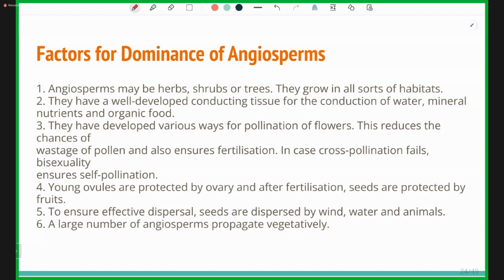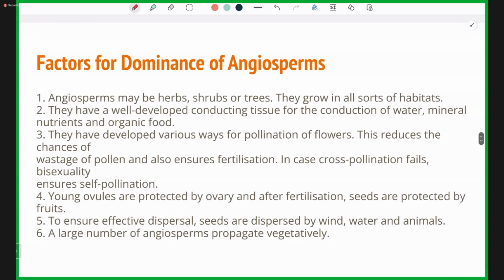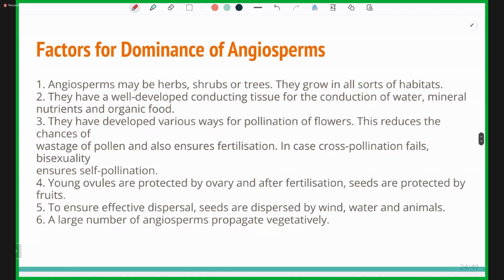They have such a successful method of pollination that there is hardly a chance that pollination becomes unsuccessful. They have many ways to ensure pollination, either on the same plant or on a different plant.